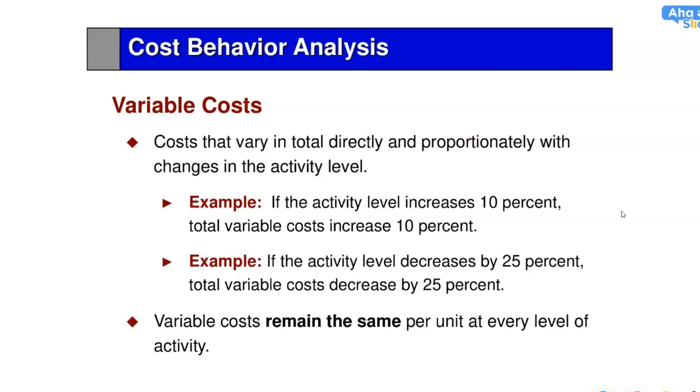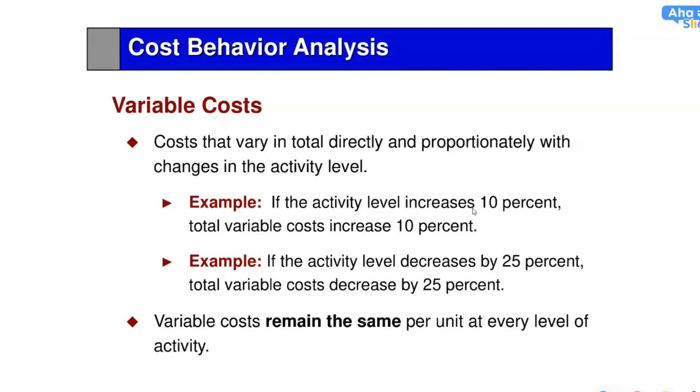If I produce 10 desks, the total cost for wood would be 500 dirhams. So you see, wood is a variable cost. It increases in total in direct proportion to increases in the business activity, and this business activity is the production of desks.